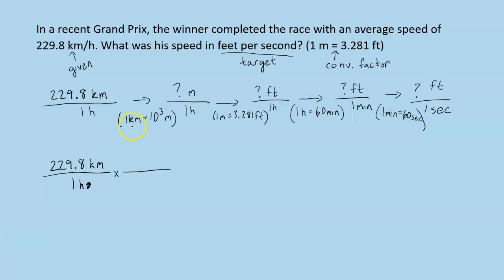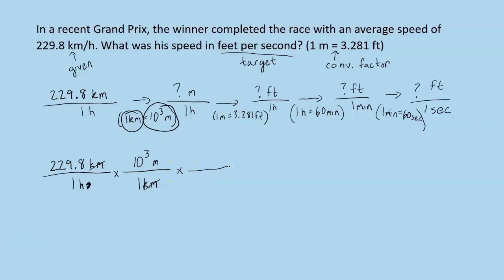So from that equality, we're going to take the 1 kilometer and put that underneath the fraction, and then the equals 10 to the 3rd meters on top. Okay, so remember when we're building that conversion factor, we're always pulling from the equality underneath the arrow. Okay, so their kilometers are diagonal, they'll cancel.